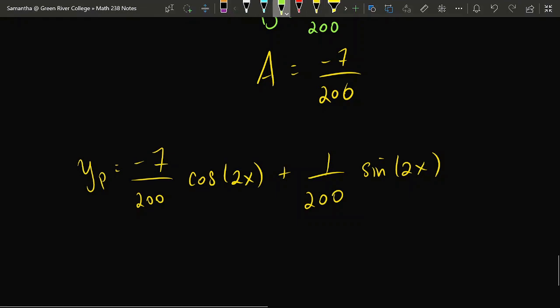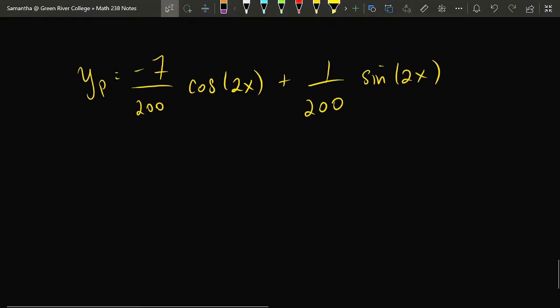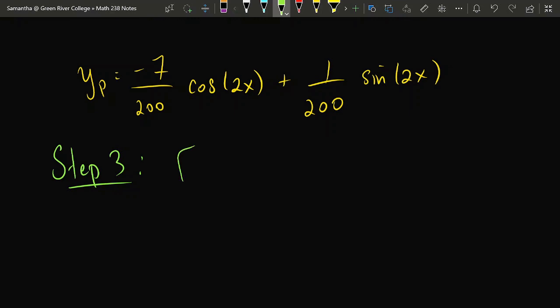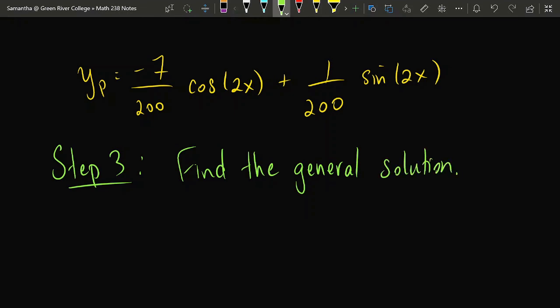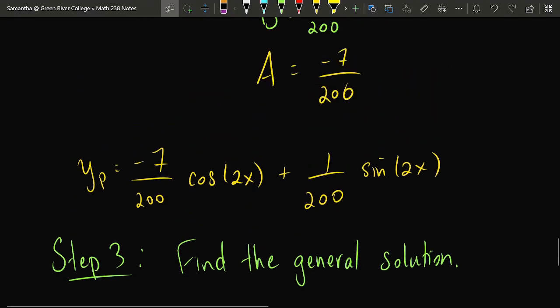Having finally obtained both a particular solution and our complementary function, we can solve the ODE, we can find the general solution by putting the results of step 1 and step 2 together. C1 e to the, I already forgot what the complementary solution was.